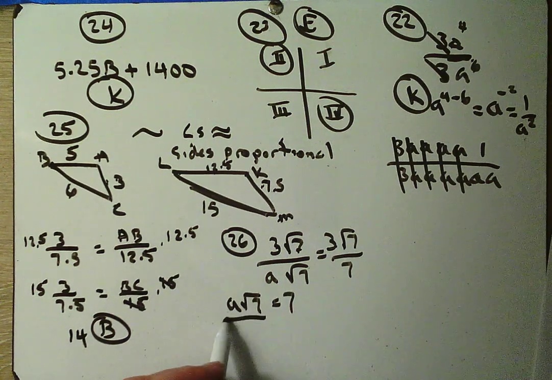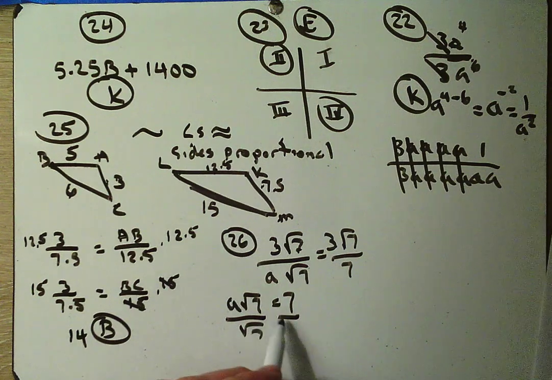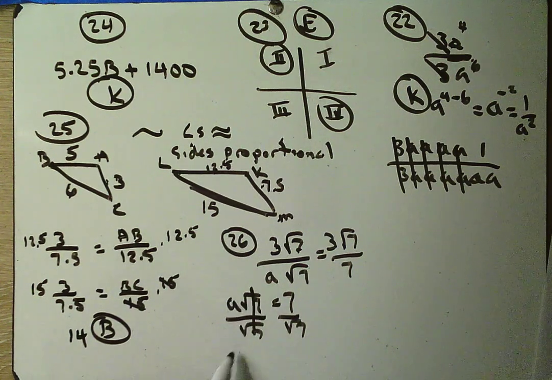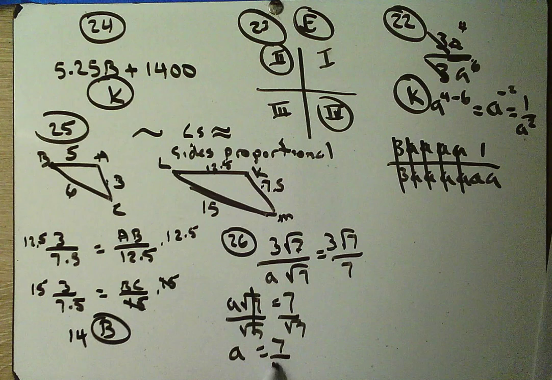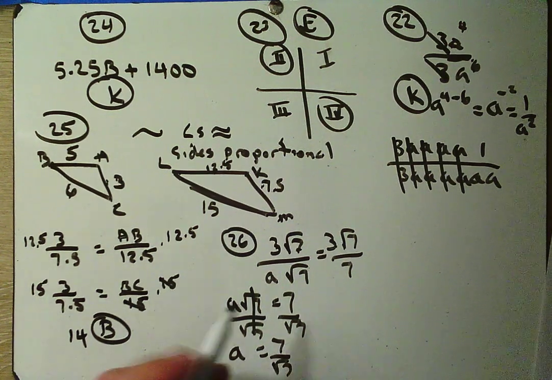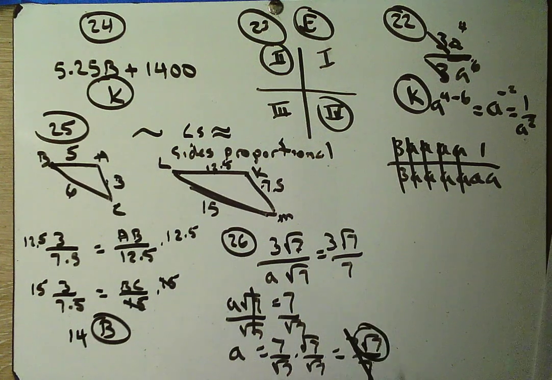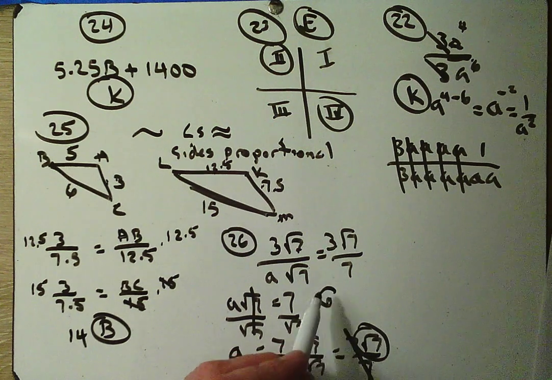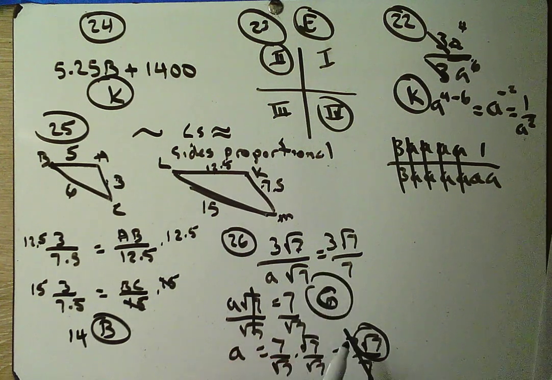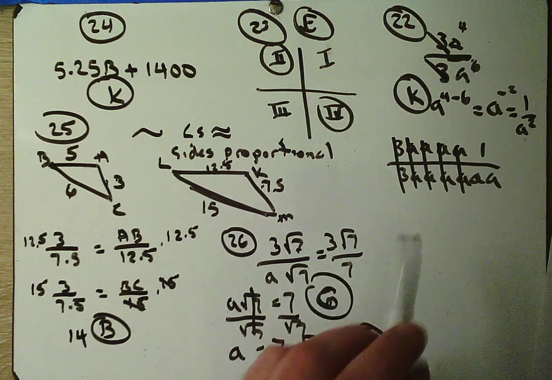Well, if you don't know the answer, you can certainly divide both sides by root 7. I get A equals 7 over root 7, but I don't see my answer here. So let's rationalize with root 7, and then we get 7 root 7 over 7. The 7's cancel, and root 7 is my answer, which is why G is the answer. G is the answer to 26.